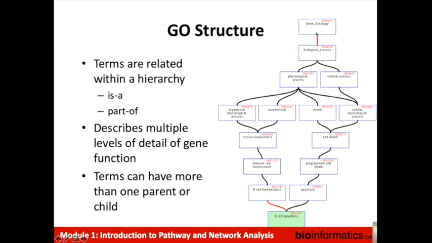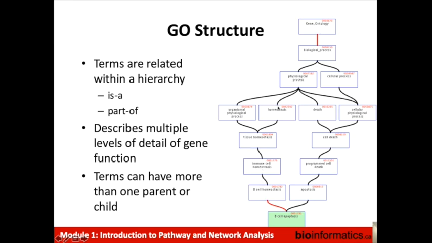The terms are these boxes here, and the relationships between terms are varied, but two examples are is-a and part-of relationships. So we might see, for instance, B-cell apoptosis is a type of apoptosis, which is a type of programmed cell death, which is a type of cell death, this is a type of physiological process, etc., all the way up to a very general part of the hierarchy. B-cell apoptosis is also part of B-cell homeostasis, which is a type of immune cell homeostasis.